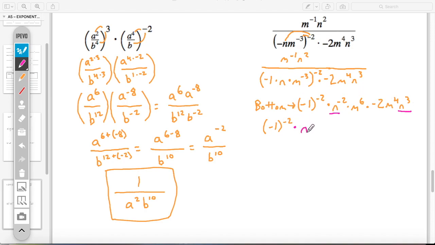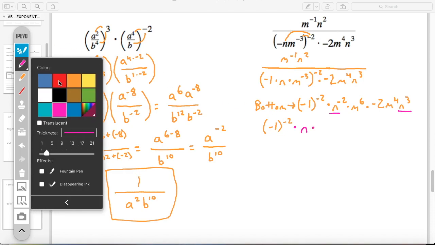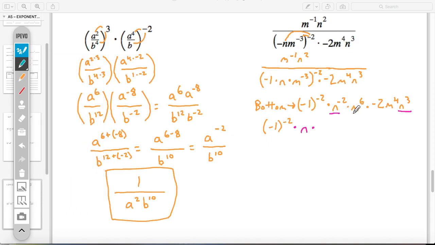That leaves me with n. Okay, I'll do my m's next. So I have m to the 6th and m to the 4th. So of course that's m to the 6 plus 4, which is 10. Okay, and then I'll just tackle on my times -2.